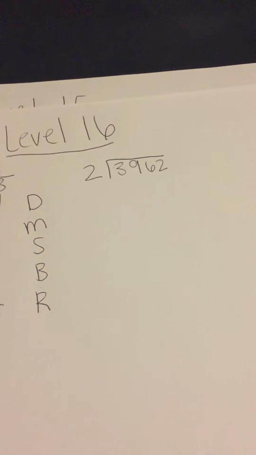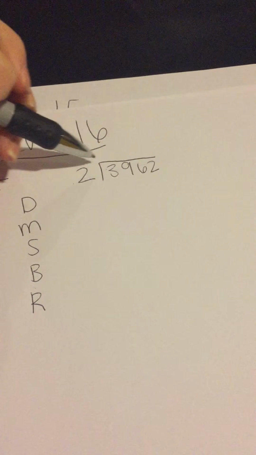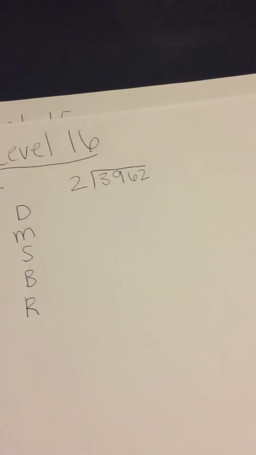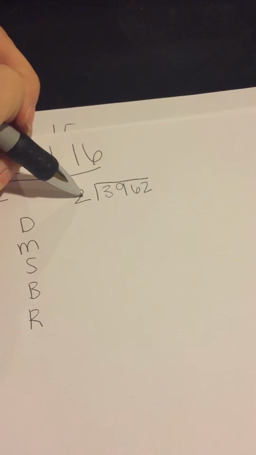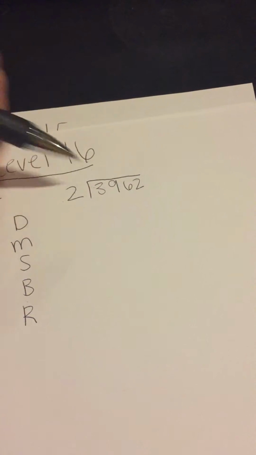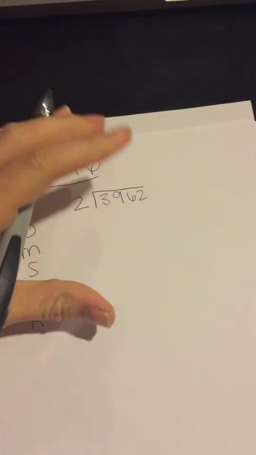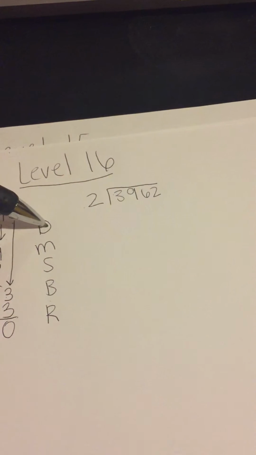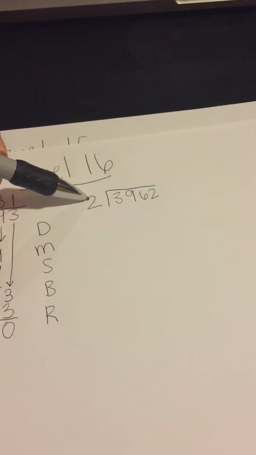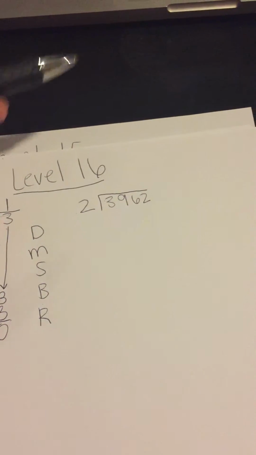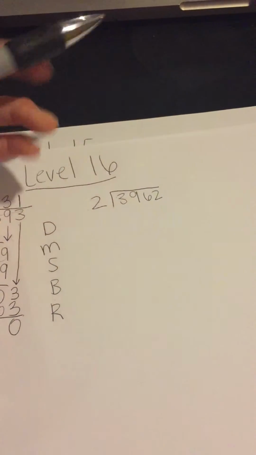So our first step is going to be division. How many times can we divide 2 by 3? Let's see. Well, what's 2 times 1? And in case any of you are wondering why, even though this says division, I'm asking myself what 2 times 1 is, it's because what's the opposite of multiplication? It's division, right?